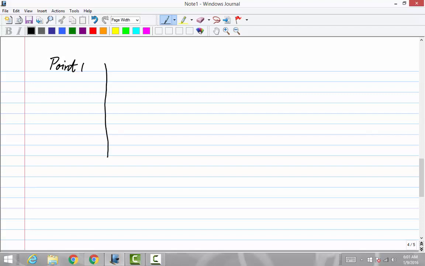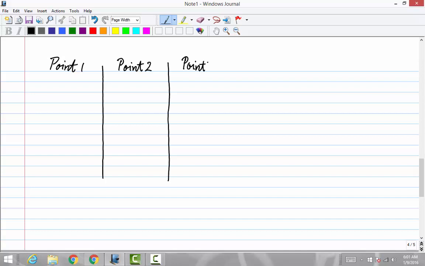Oh my god, it's difficult to write a straight line. Okay, that's good. And then point 2, another line, and point 3. States, checkpoints, and then the summary.